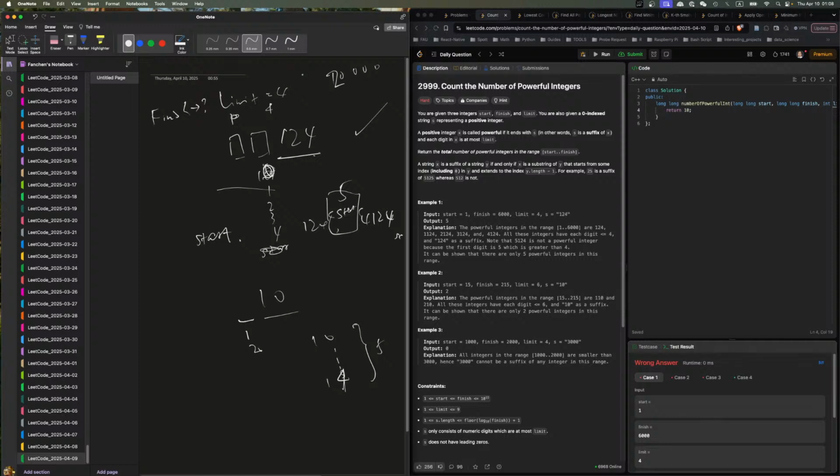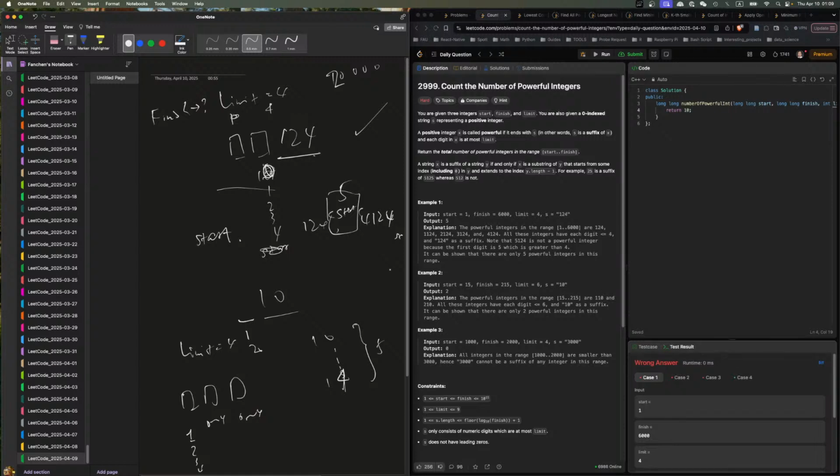Like we have 3 digits. If the limit is equal to 4, then essentially the first one has to be 1, 2, 3, or 4. And then the second one can be 0 to 4. This is also 0 to 4. So we have a bunch. Now what we want to find out is where is the smallest?